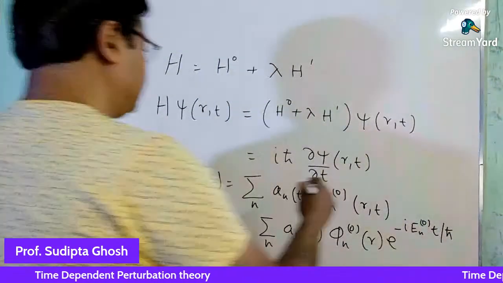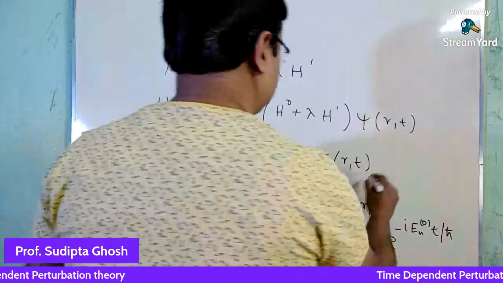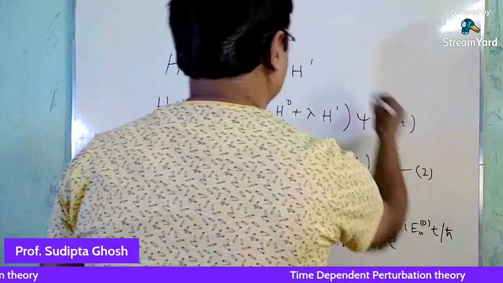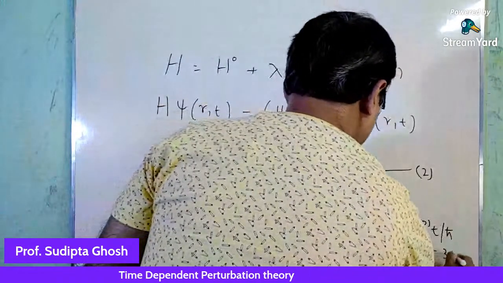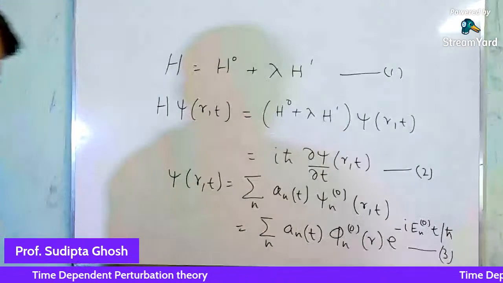Let this equation be equation 1, this be equation 2, and this be my equation number 3.